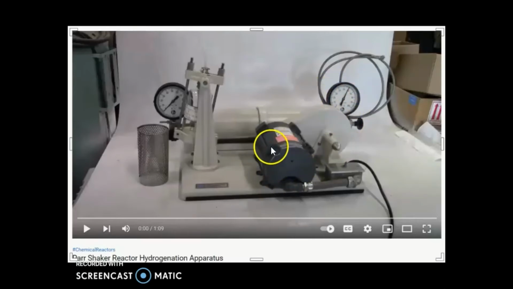I'm not sure if the sound on the video is going to come through. They're going to mention this is an explosion-proof motor. Pet peeve of mine. Explosion-proof means that it will not be the source of the explosion. It doesn't mean that it's going to survive an explosion. Explosion-proof motors are usually hermetically sealed, so any sparking from the brushes in the electric motor cannot mix with the atmosphere in the room, so that it's not a spark source for hydrogen gas in the room.